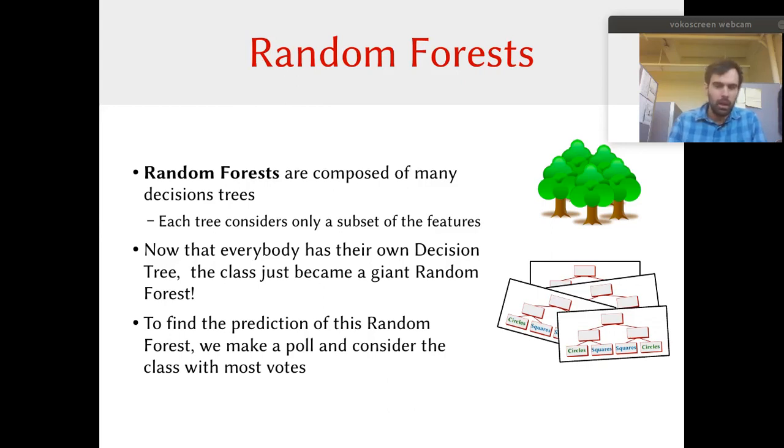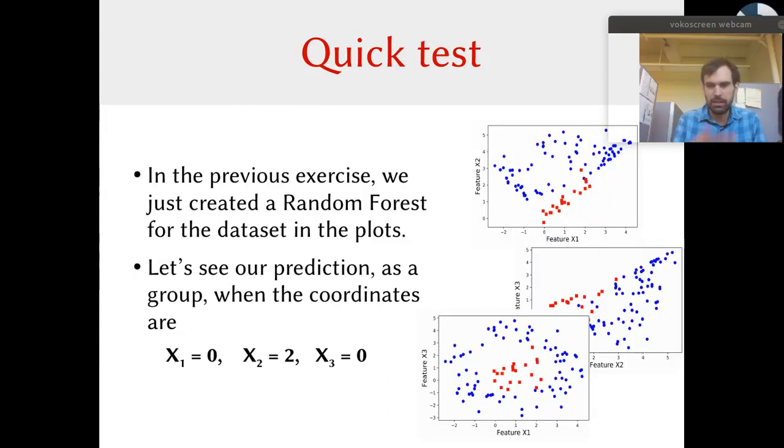So when I'm in class, I go here and ask them the question: what is your answer if x1 is equal to 0, x2 is equal to 2, and x3 is equal to 0? I ask the people to vote, saying whether they think it's a blue circle or a red square, and I take the majority vote, and that will be the answer given by the random forest.